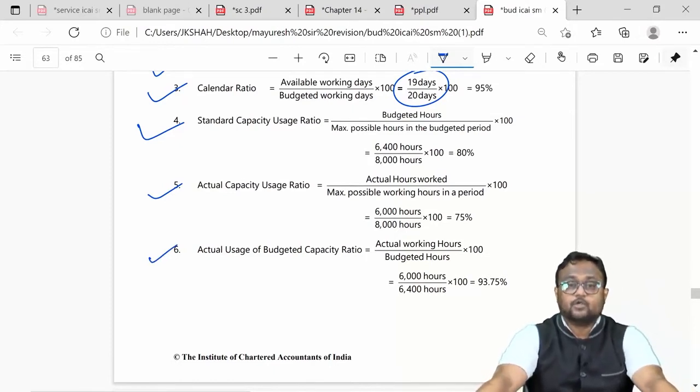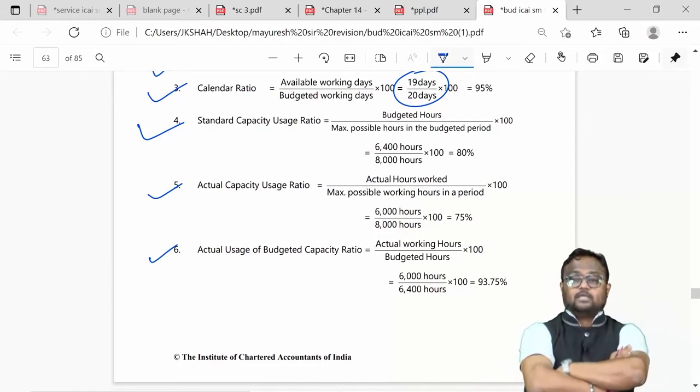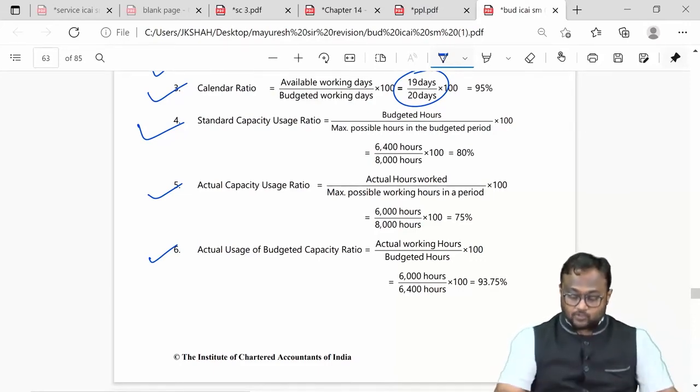So this was about your ratio calculation. Actual capacity usage ratio was based on total budgeted capacity. Actual usage of budgeted capacity, where you actually considered the budgeted hours available with you, and they are 6,400.